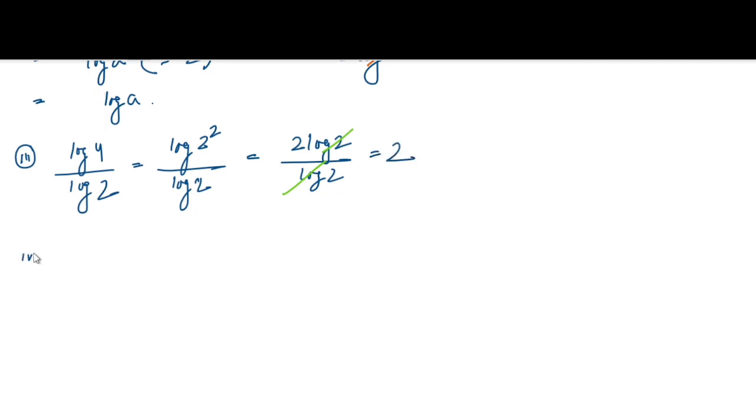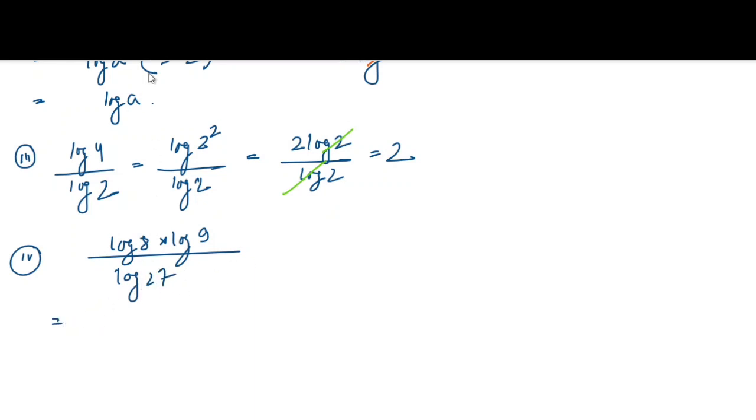Next, question 4: log 8 into log 9 divided by log 27. How to solve that?